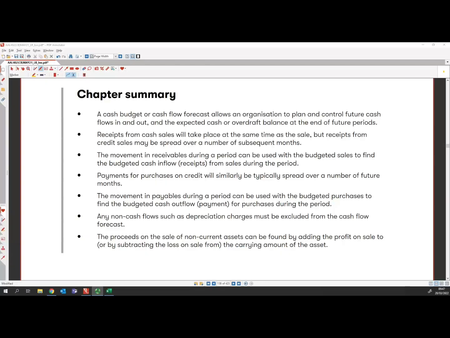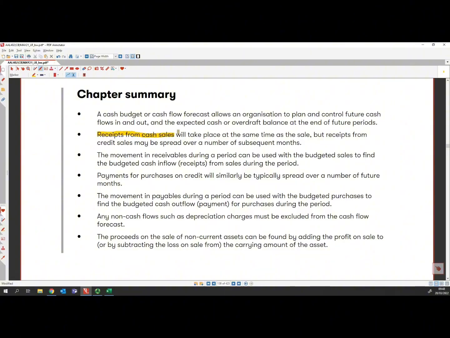Now, in putting together a cash flow forecast, it is possible that you'll be called upon to put together a cash flow forecast, in which case you will be given a pro forma to fill in, or more likely you'll be putting together calculations for elements of a cash flow forecast. So for instance, you might be called upon to do a working for the cash receipts from sales.